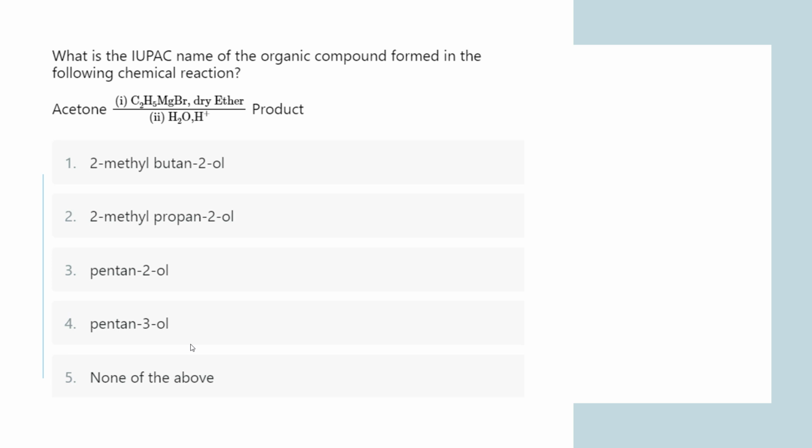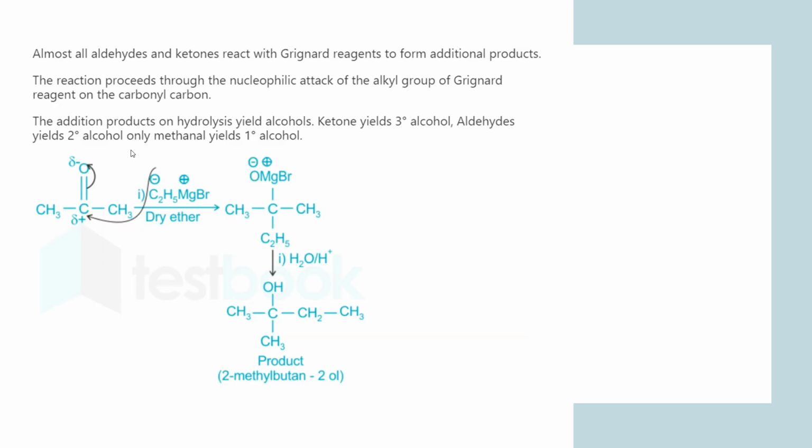So to figure out the IUPAC name of the product formed, let us try to break this reaction down step by step with its mechanism. Okay, so what happens when we add Grignard reagent to a carbonyl compound? Here is the given substrate, which is acetone, and we have already discussed the reactions of carbonyl compounds.